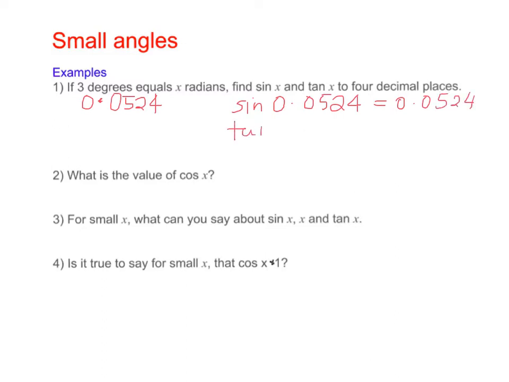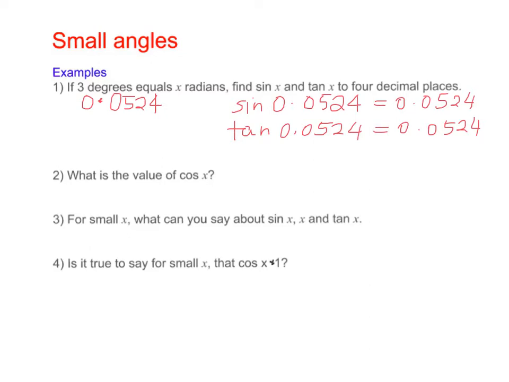Let's see what we get when we do tan of 0.0524. So this is where you need to press tan of alpha A, and we get 0.0524. That's interesting. Let's see what we get when we press cos of that small angle.